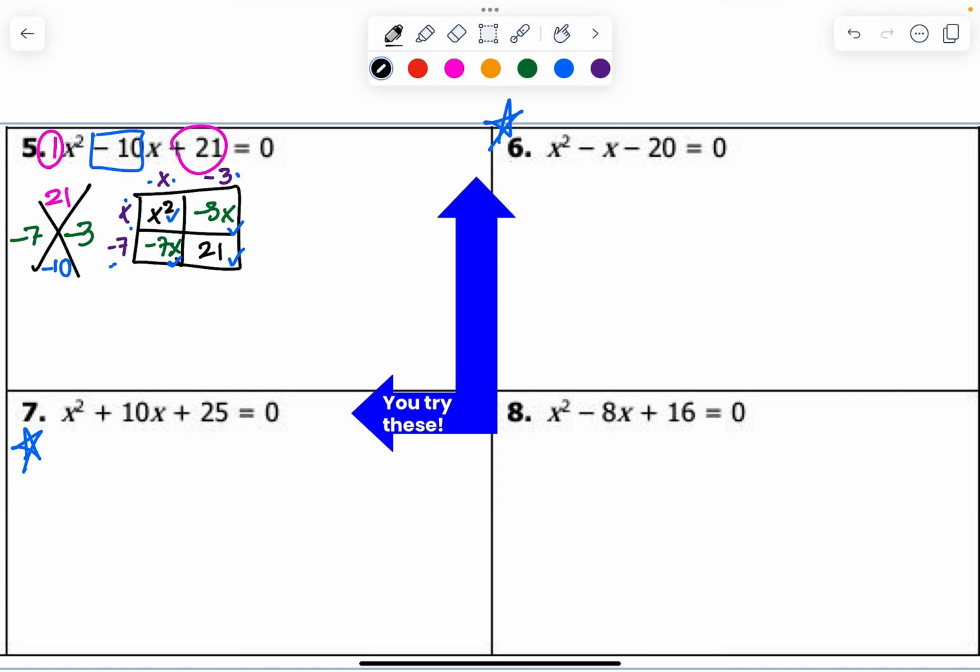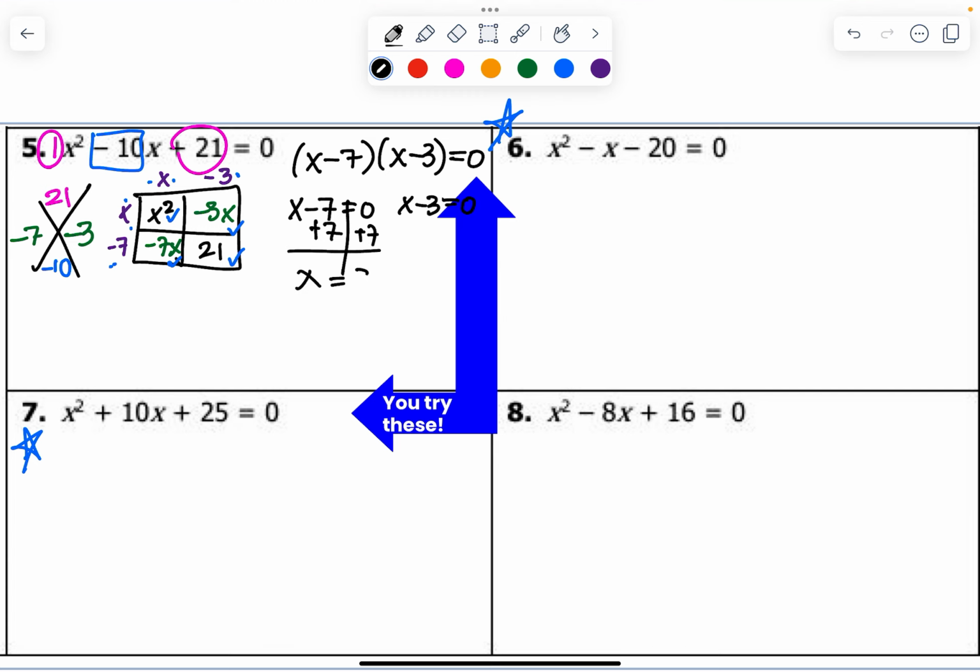Okay, I have used that strategy to help me factor x squared minus 10x plus 21. That is x minus 7 and x minus 3. Now that I have it factored, I can set each factor equal to 0 and solve.